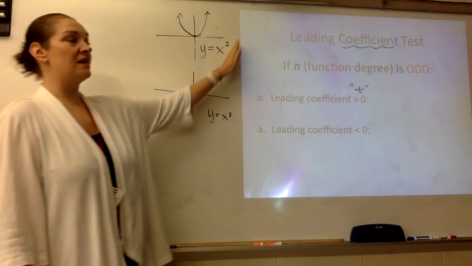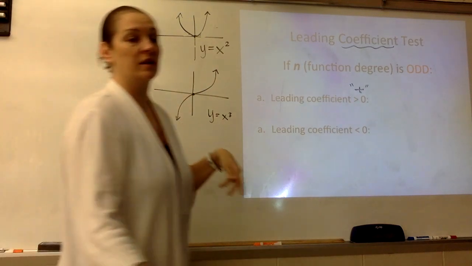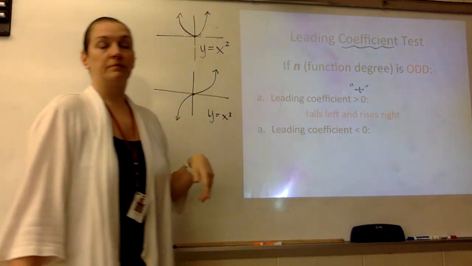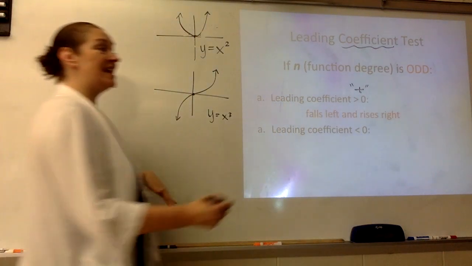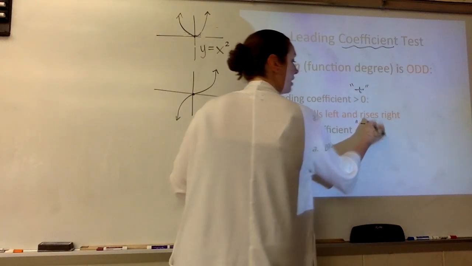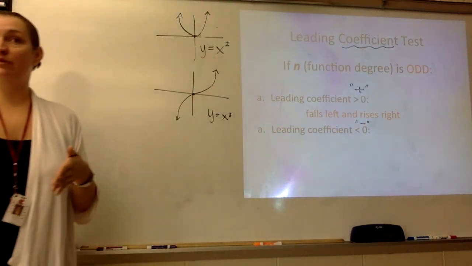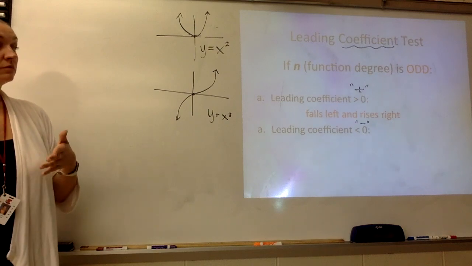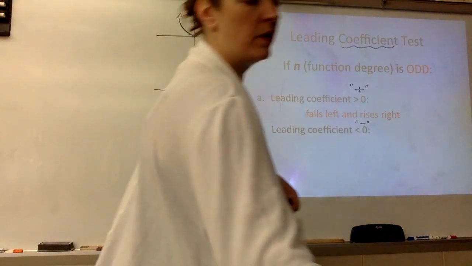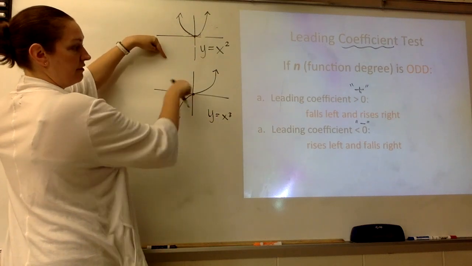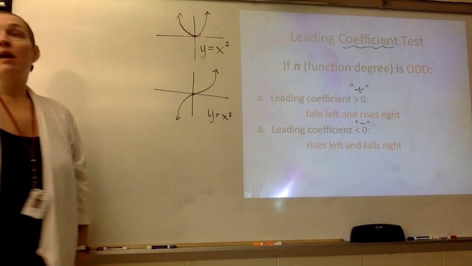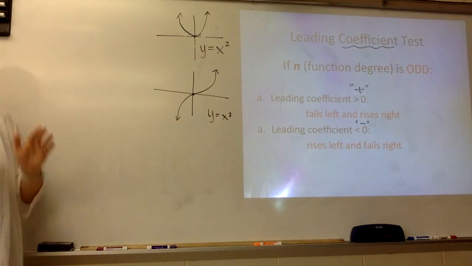It's going to rise to the right, and it's going to fall to the left. However, if the leading coefficient is negative, like if it says negative 2x to the 3rd, for example, it's going to flip around, and it's going to rise left and fall right. New words for something you already know.